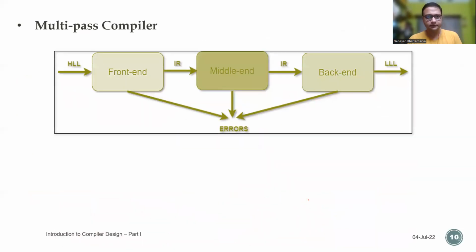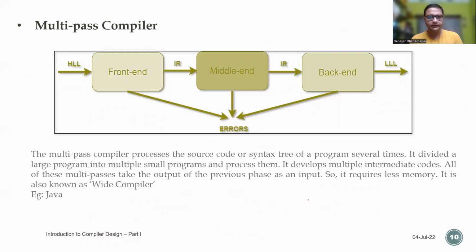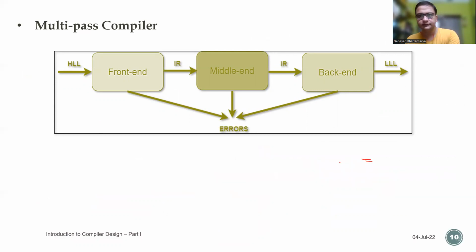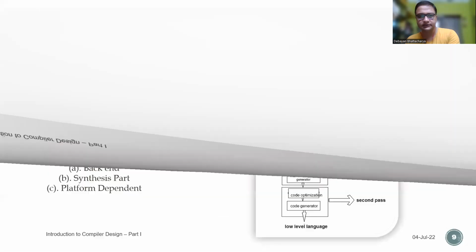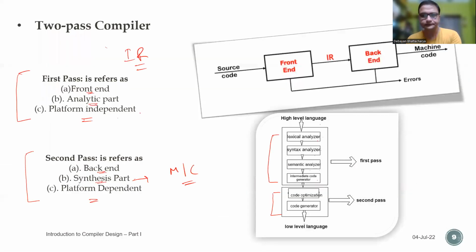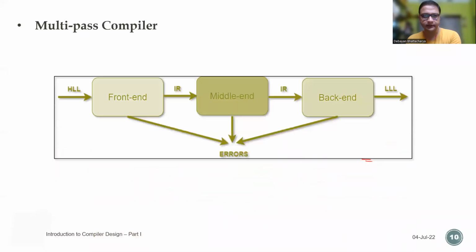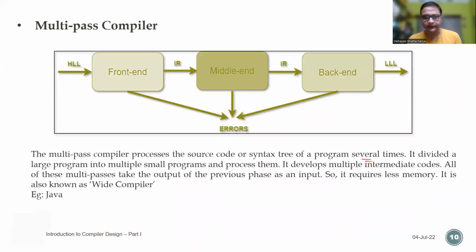Now, the multi-pass compiler. A multi-pass compiler processes the source code or syntax tree of the program several times. In a two-pass compiler, it traverses the source code only twice, but a multi-pass compiler traverses the source code multiple times to generate the ultimate machine-level executable code from the high-level code.